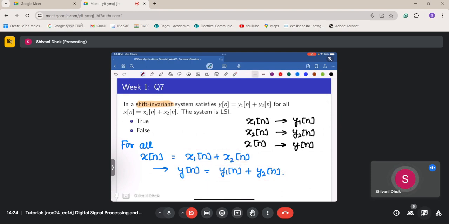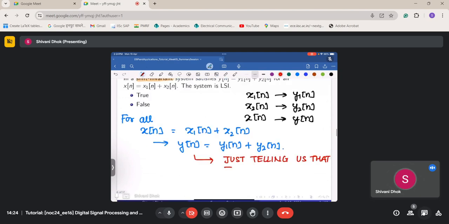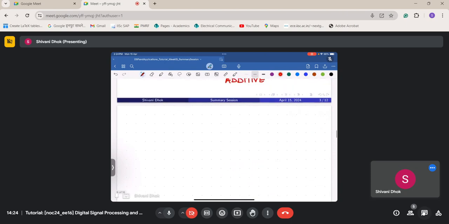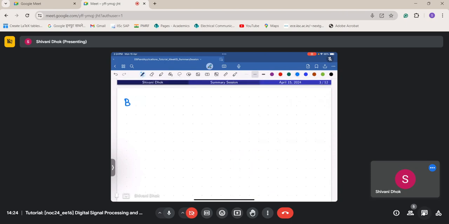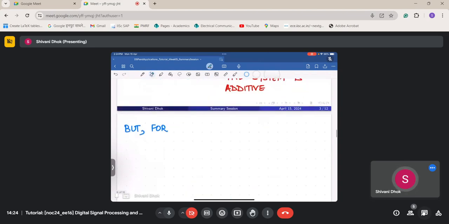So this statement here is just telling me that the system is additive. But the system is time invariant, so we need to check linearity.